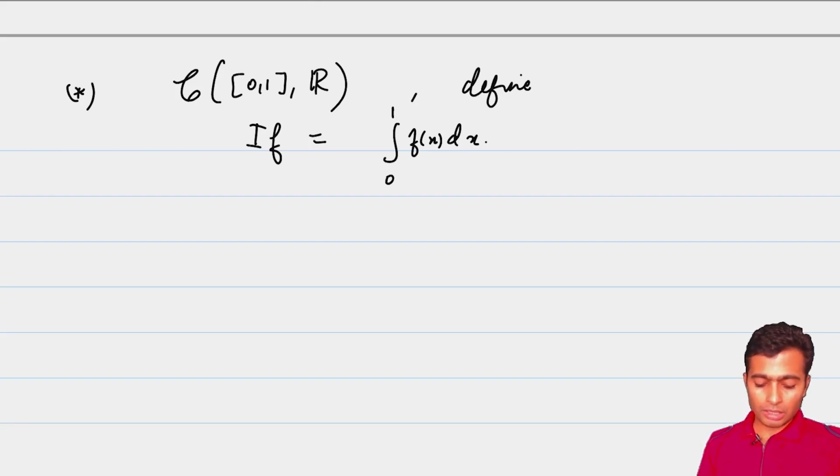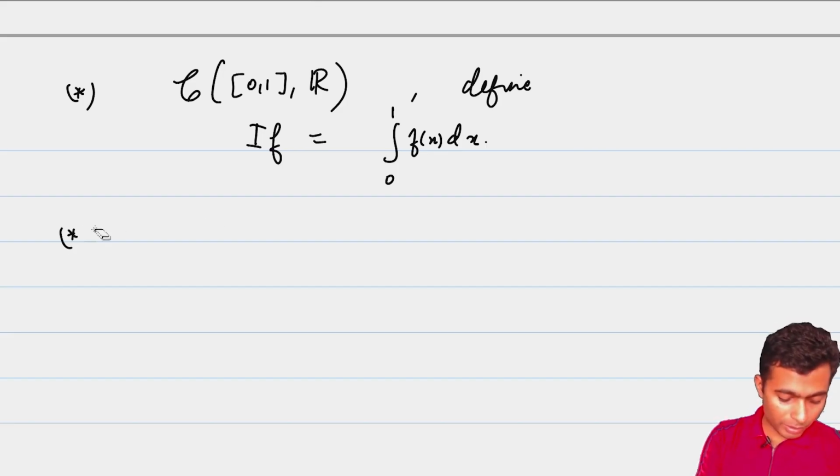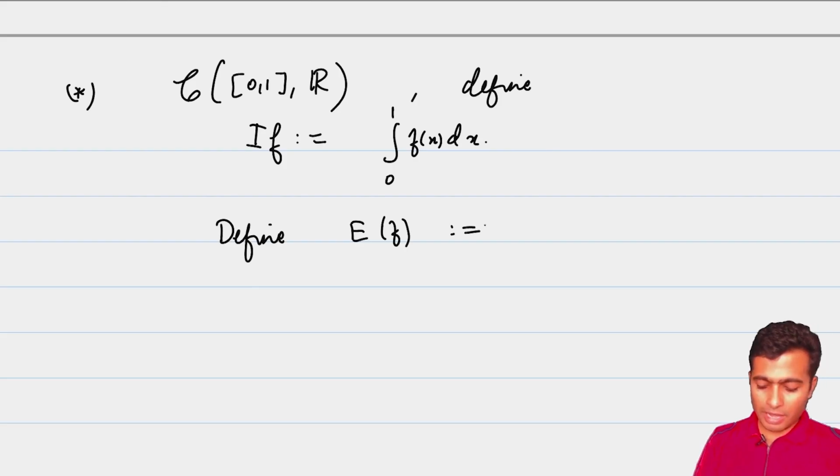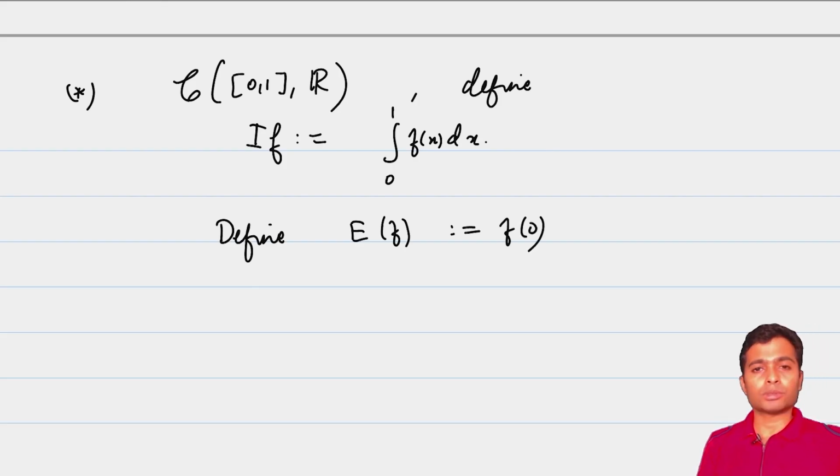So this is another example of a linear functional. Another example on the same space: define E of f to be the evaluation functional at 0. So every function f is sent to f(0). That is another example of a linear functional.